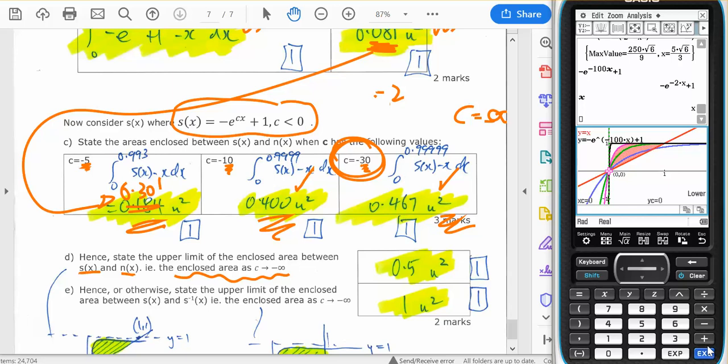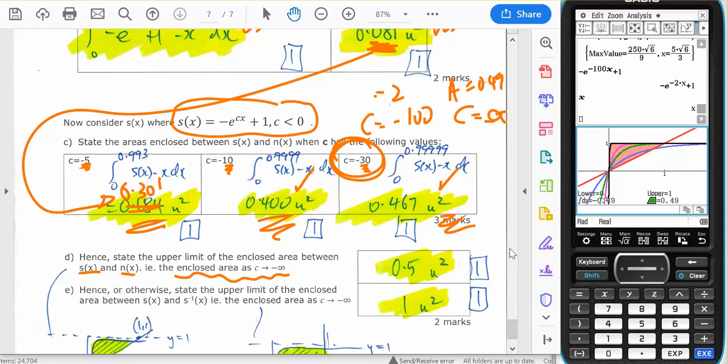There's my black one. And there's the first intersection point, and there's the second, and I got 0.49. So when c equaled negative 100, area equals 0.49, I'm saying that the smaller it goes, it's going to approach a half.